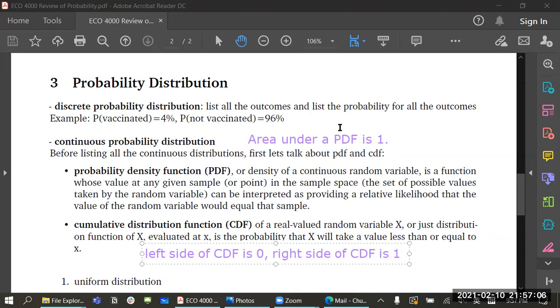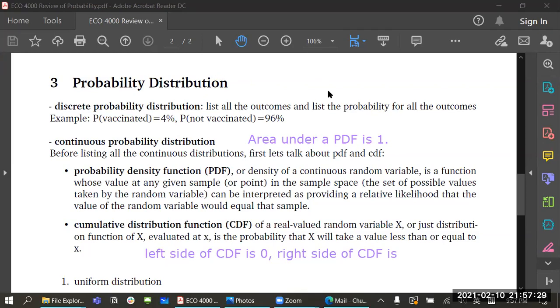It is called a real-valued random variable X, or just distribution function of X evaluated at x, is the probability that X will take a value less than or equal to x.